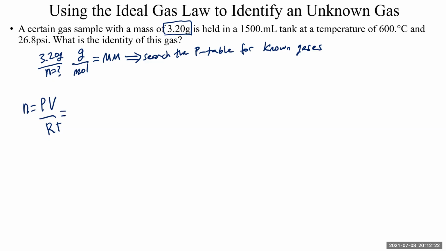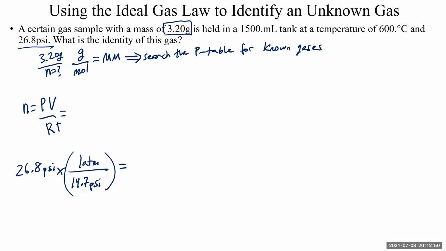What's P? In this case, P is 26.8 PSI. Well, we're going to have to do some converting. We know that every 14.7 PSI is 1 atmosphere. That is a conversion factor that I hope you will definitely remember, because PSI is very common in the United States, and atmosphere, of course, is the scientific standard unit.